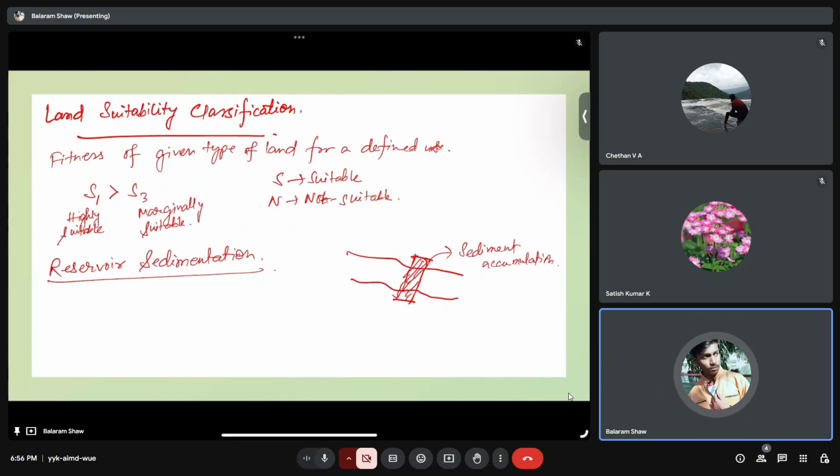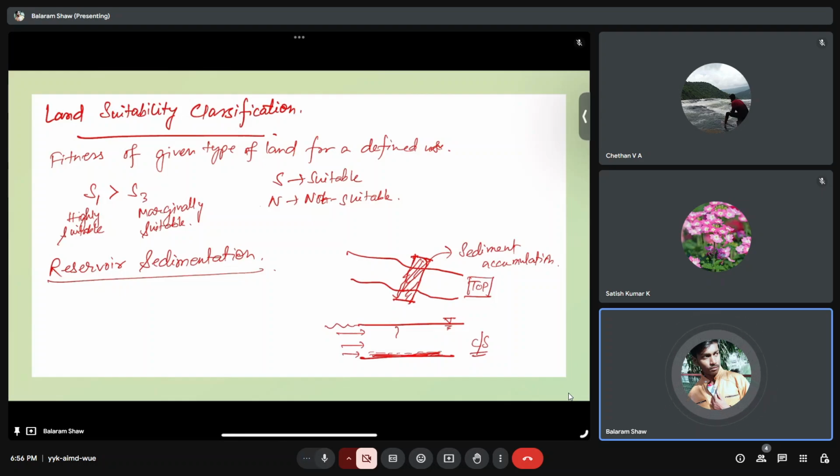So let's say if you see this cross section, river is flowing in this direction, right? Like this. Okay, so this is the water level. If you see the cross section, as it moves, what will happen here? Sediment will start forming. So here the space that was there we don't have now.